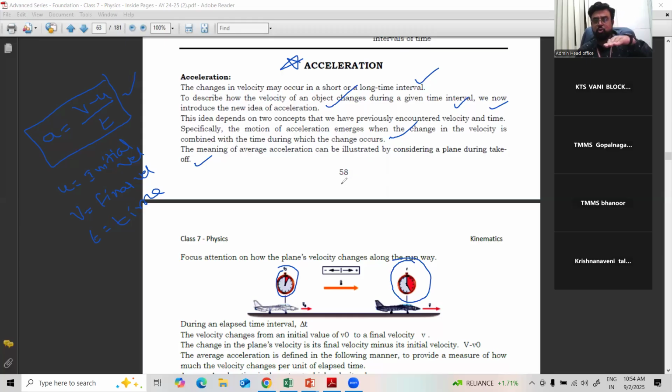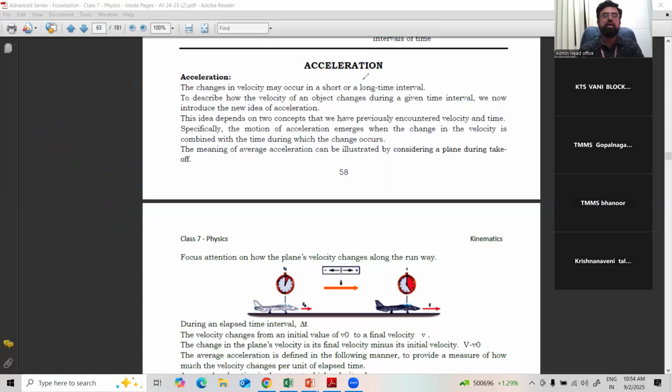The aeroplane starts slowly, and on the runway, to take off, it accelerates. The velocity is increased like this, from here to here within a fraction of seconds. Such a change in velocity is called acceleration, mathematically given by A is equal to V minus U by T.